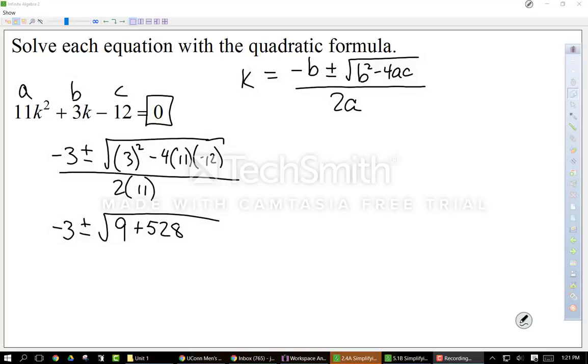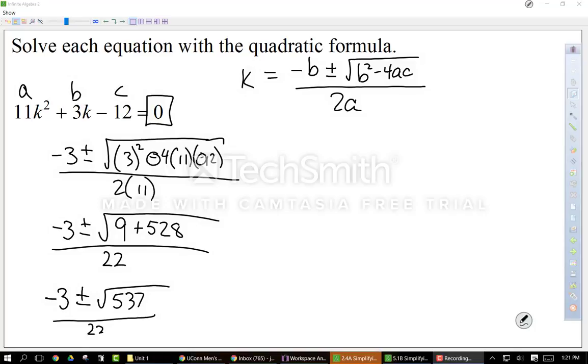How do I know it's positive? Well, there's a negative there and there's a negative there. Two negatives make a positive, so I get the plus. 4 times 11 times 12 is 528. Divided by 22. So let's keep on going. I get negative 3 plus or minus the square root of 537 divided by 22.